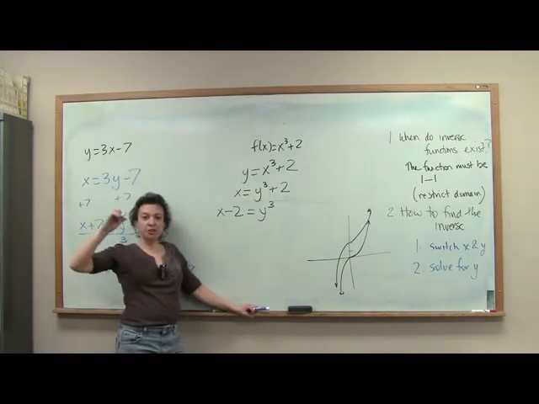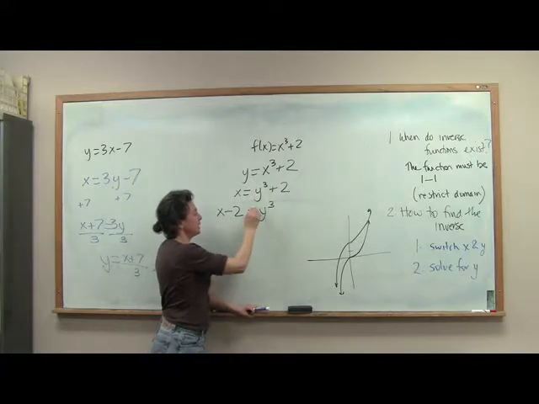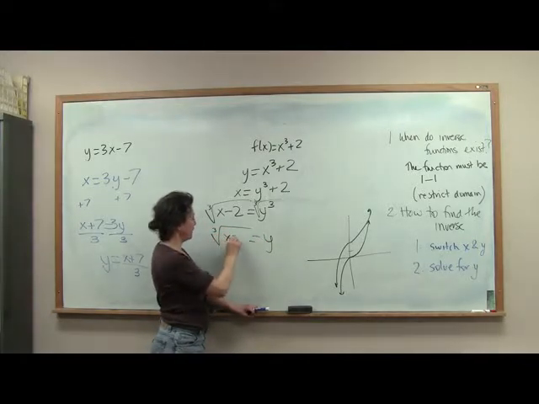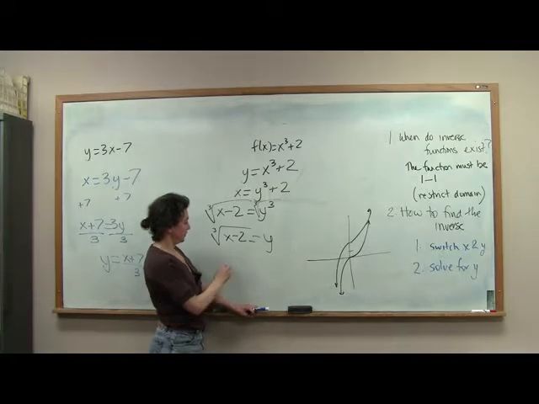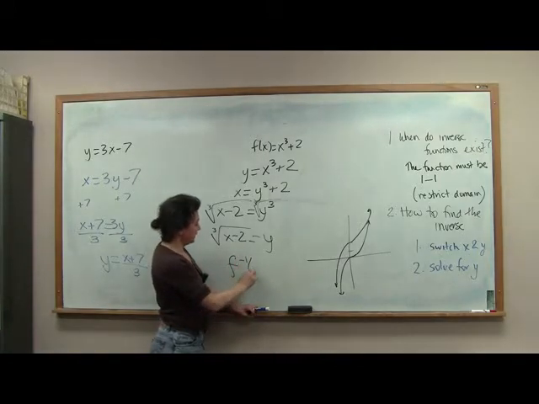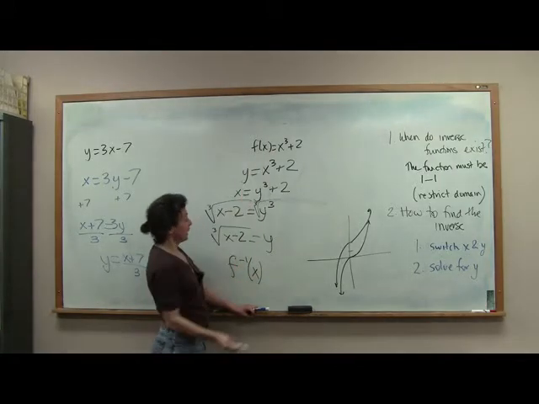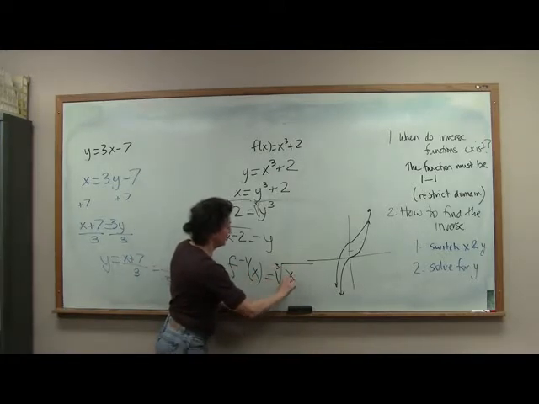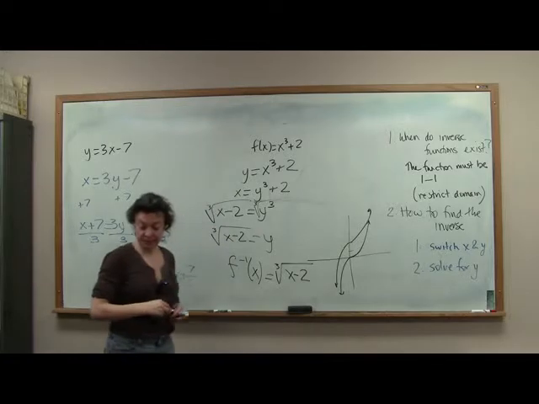How do you undo cubing something? You take the cube root of both sides. So we get y is the cube root of x minus 2. Or we could write that, since my original function was given as f of x, f inverse is the cube root of x minus 2.